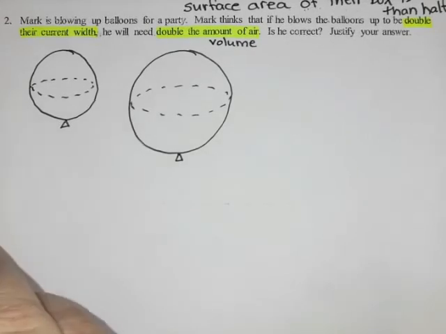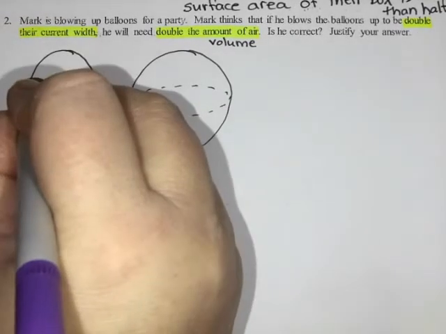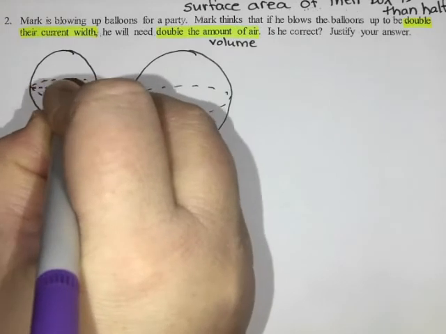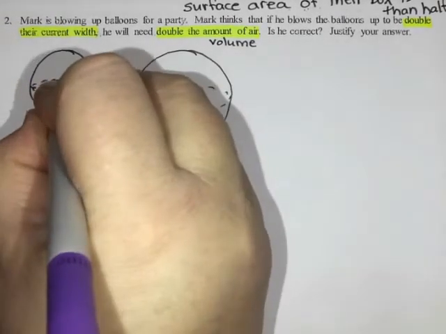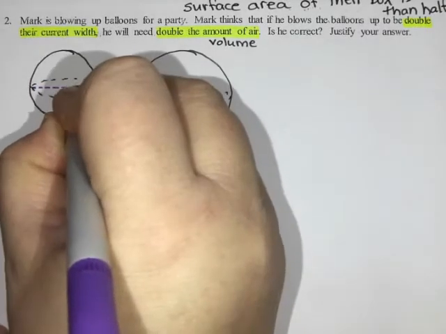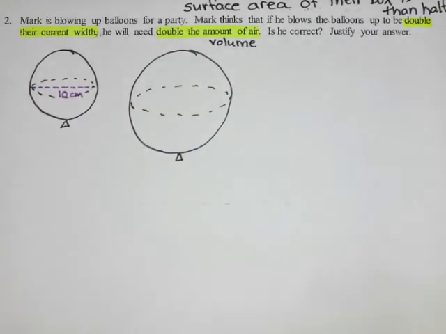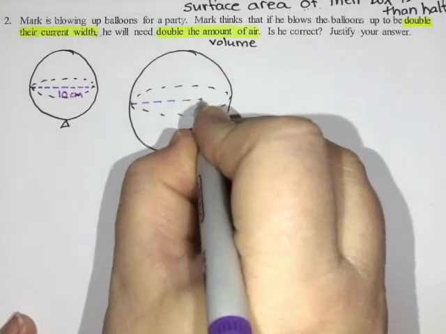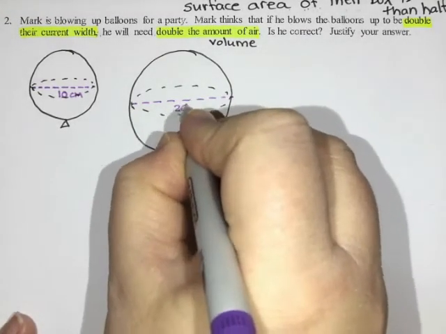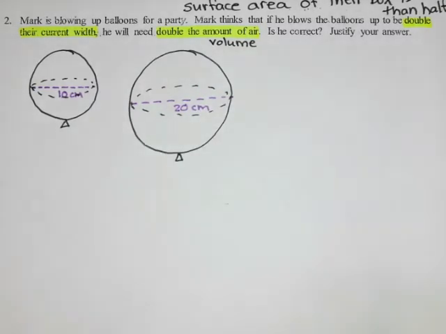So I would take the first balloon and pick a width. Width would be from side to side. Let's have the width be 10 centimeters. If we're blowing up a balloon to be double the width, that means the width of this one would be 20 centimeters.